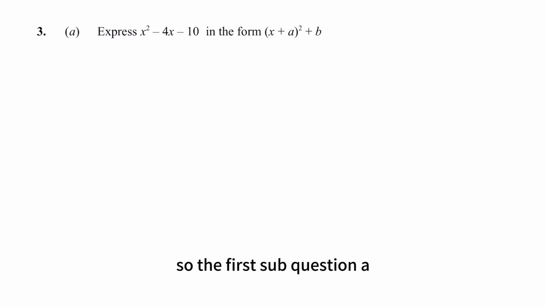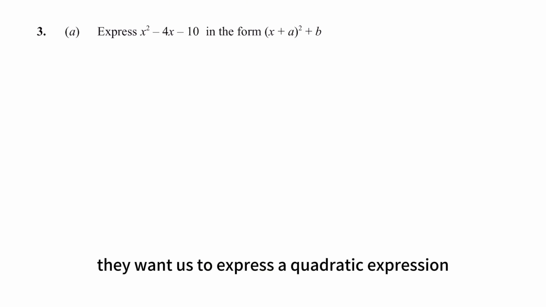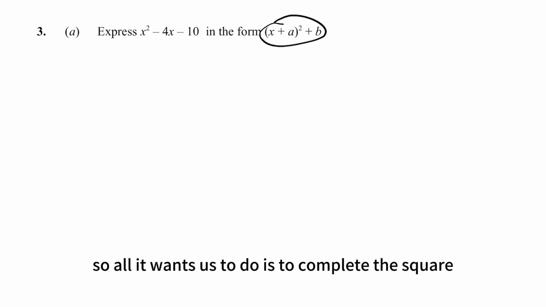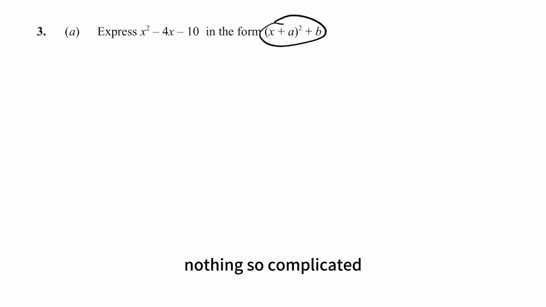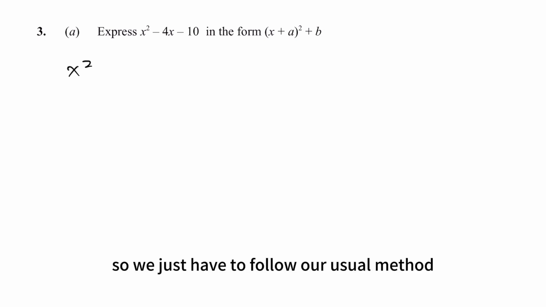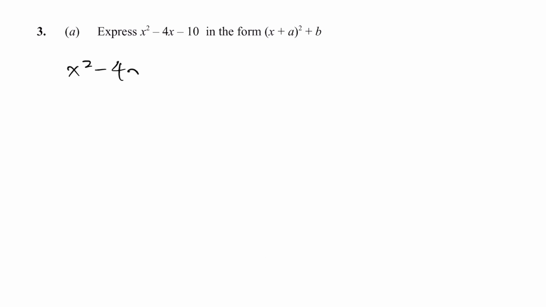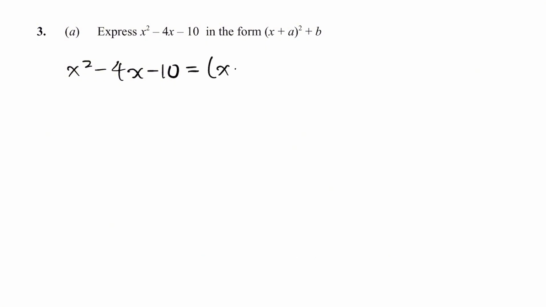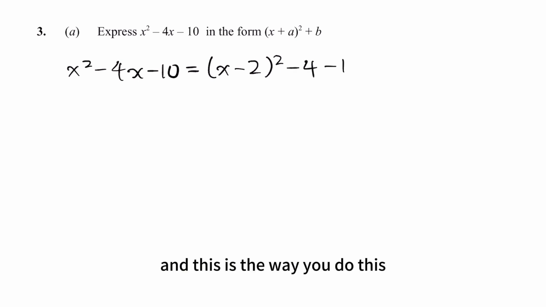So the first sub-question, A, they want us to express a quadratic expression in the form of this. So all it wants us to do is to complete the square. Nothing so complicated. We just have to follow our usual method, and I hope you already watched my previous video, so you know how to do this. This is the way you do this.